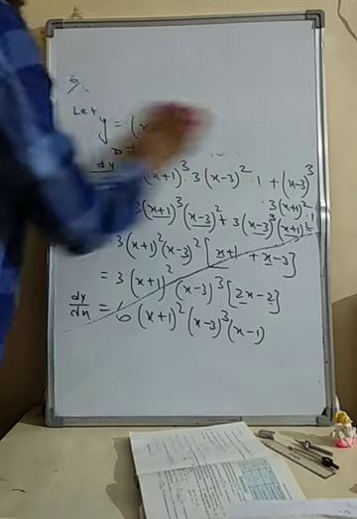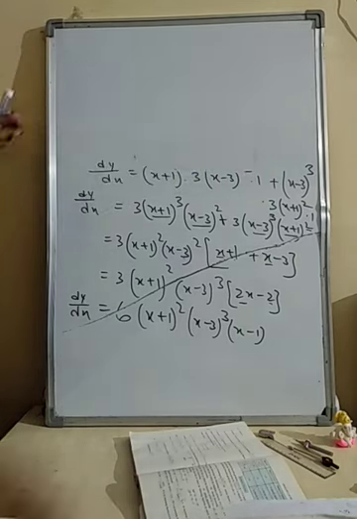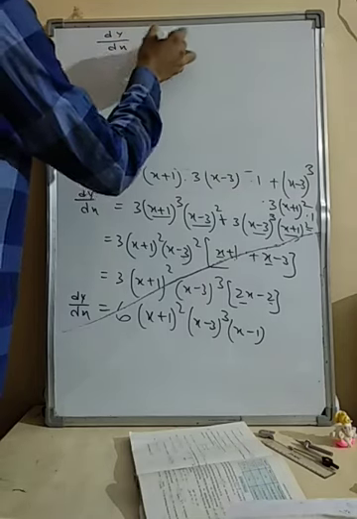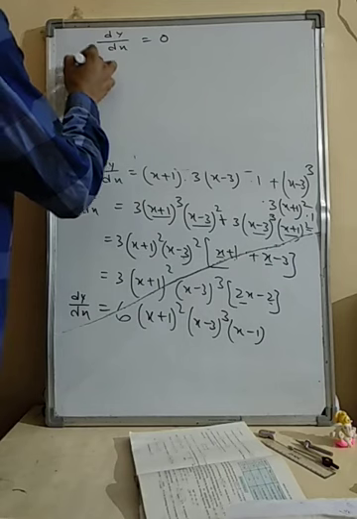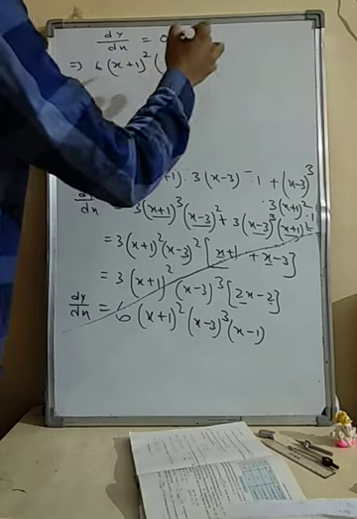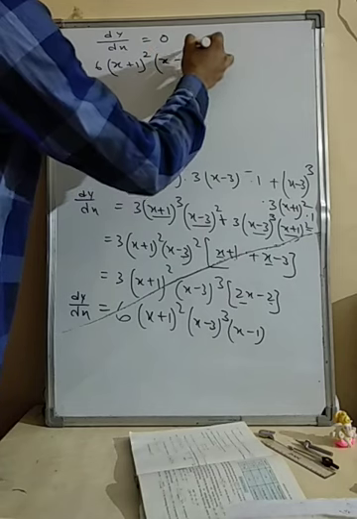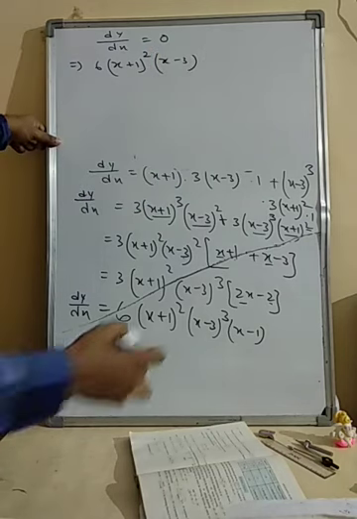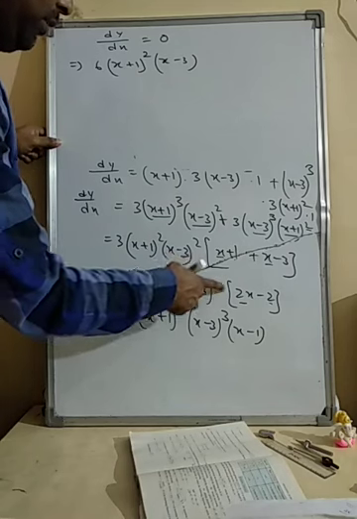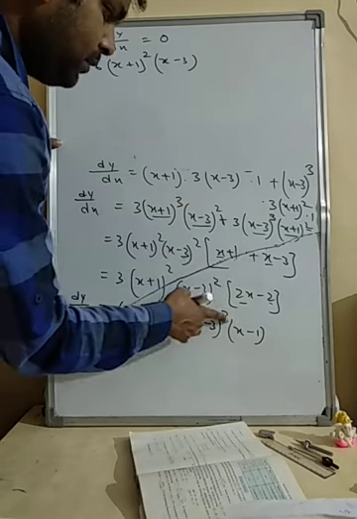Critical point means, suppose if I will write dy/dx equal to 0, so from here it will be 6 into (x plus 1) whole square, then (x minus 3) whole square, this is not whole cube, okay, it is actually whole square because we have written here whole square, sorry.